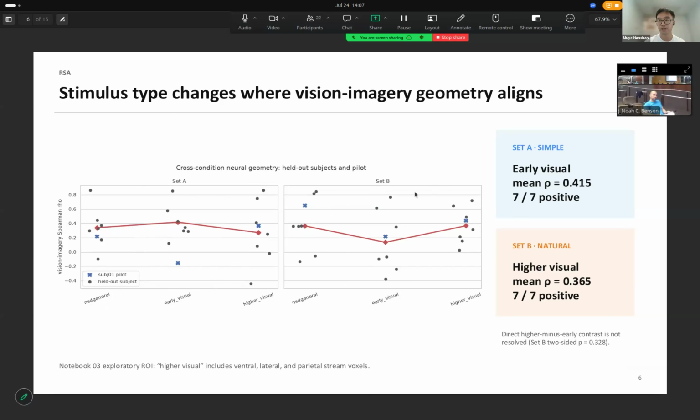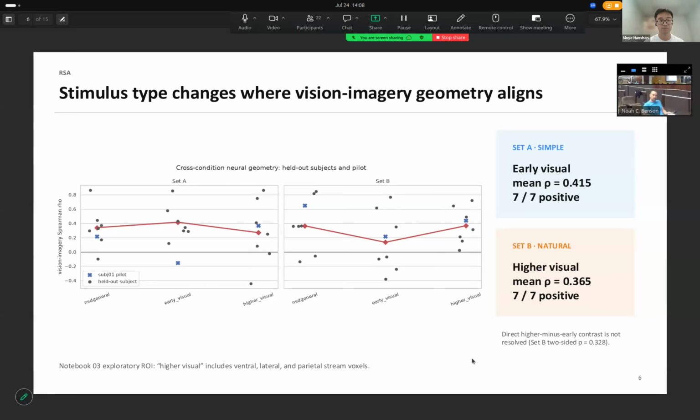However, for set B, the natural things, which have richer semantic information, the highest correlation appears in the higher visual cortex. This is compatible with our knowledge of the difference between the two cortices: lower-level shapes transfer more through the early visual cortex, while more complicated patterns may transfer beyond that.